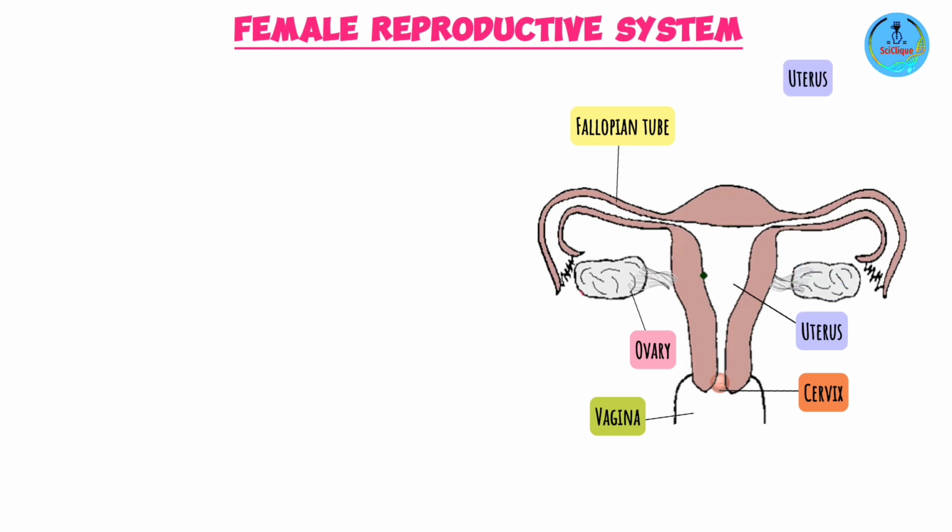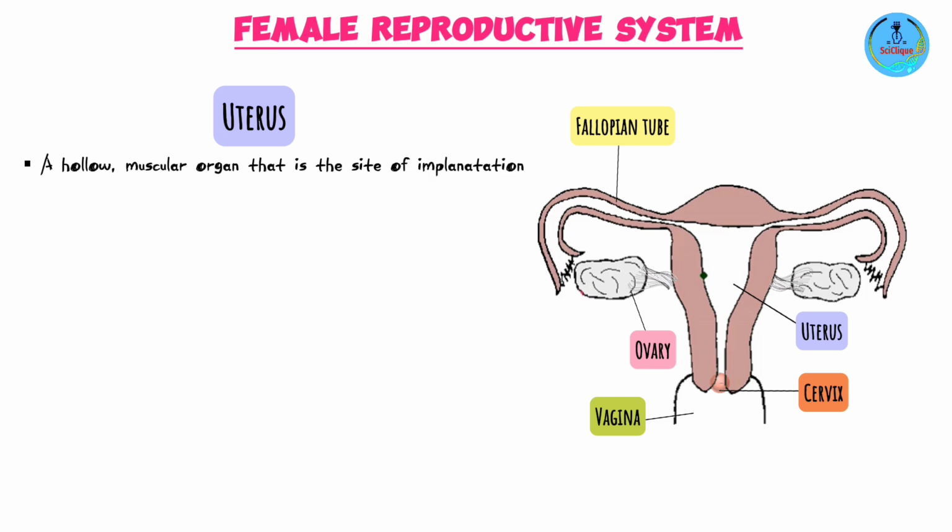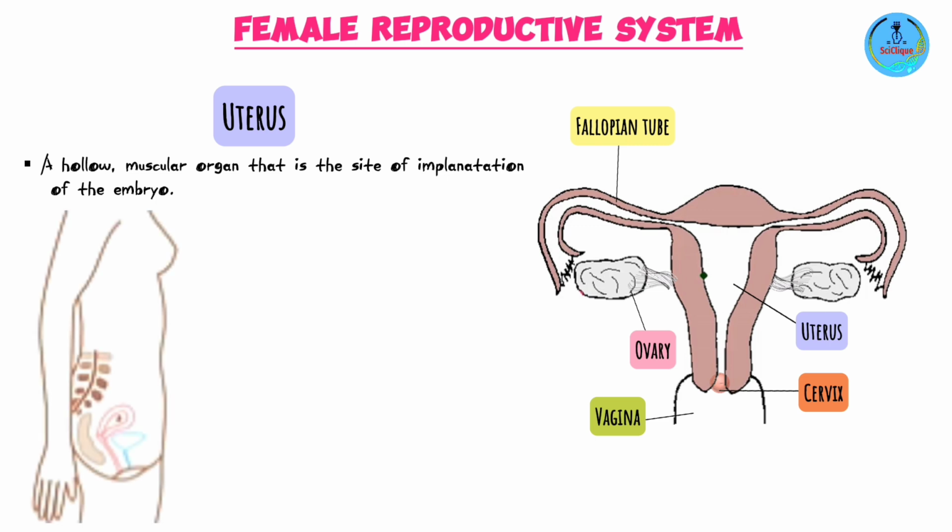Let's proceed to the next one, the uterus. Now the uterus is a structure that is sac-like, which contains a thick muscular wall. In females, the size of the uterus is typically about 8 centimeters long and 5 centimeters wide. And yes, you heard me right. Just imagine how small it is. You're probably wondering, okay, how does it manage to accommodate the growing size of the baby?